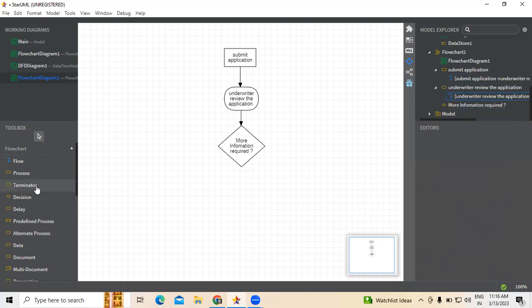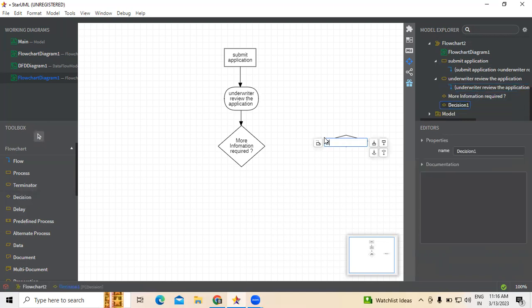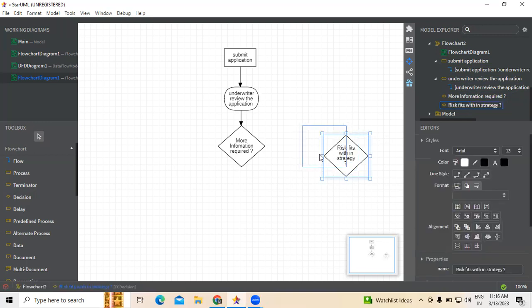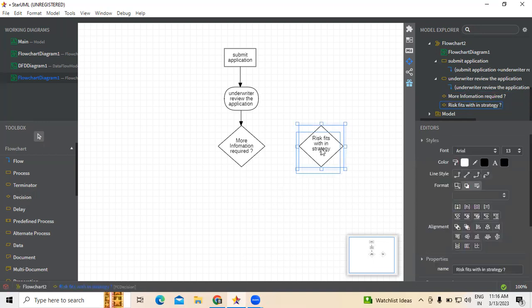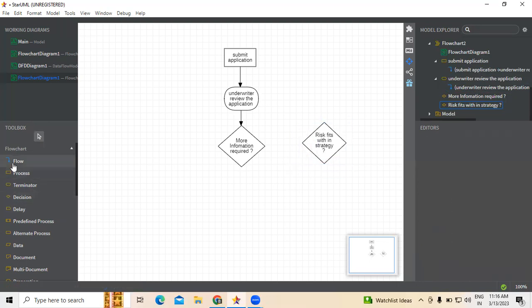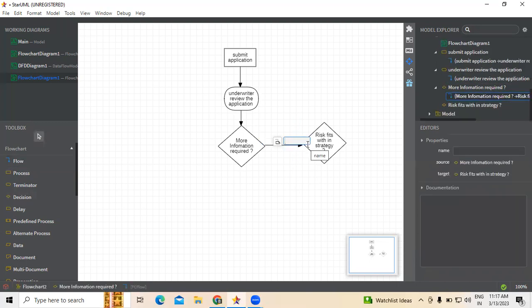That will be identified here. If it is no, this is the process we follow. If it is no, it means the risk does not fit within the strategy.